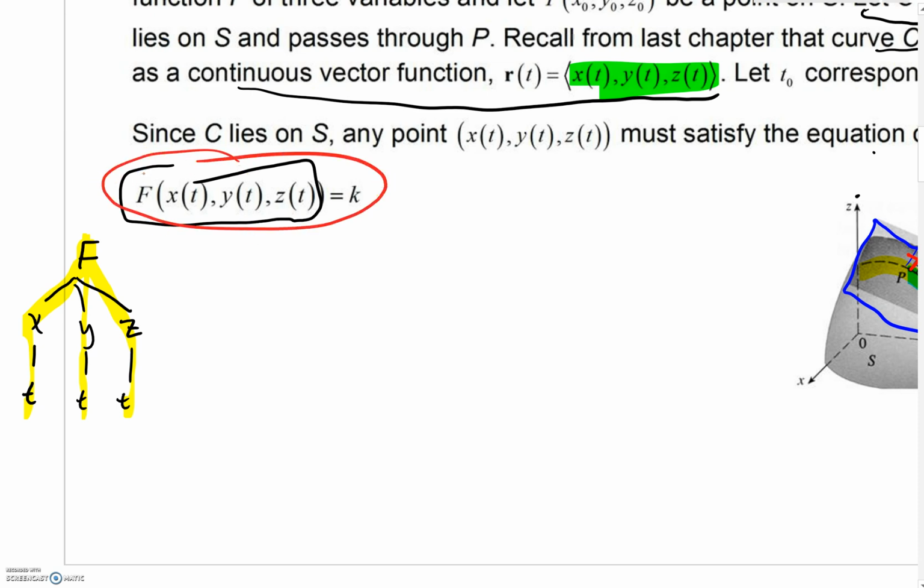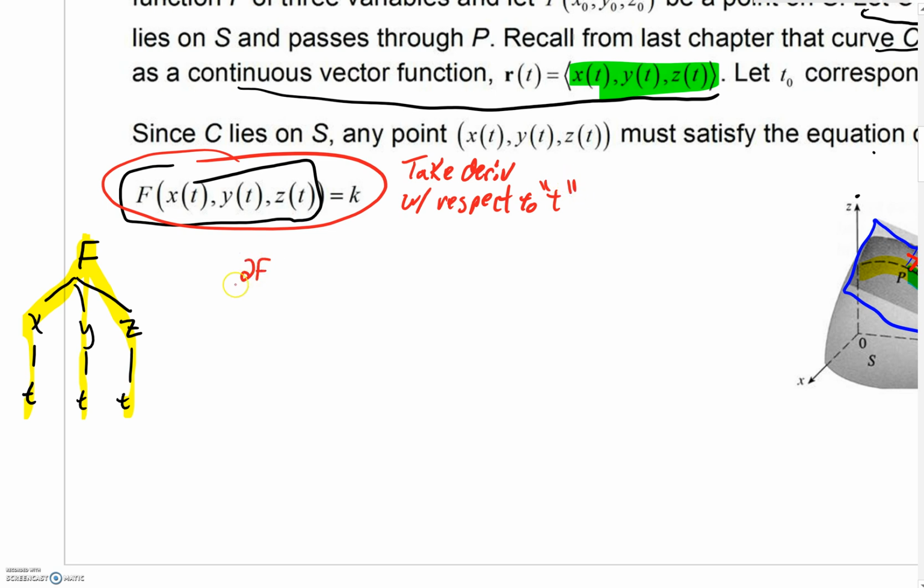So as we take our derivative with respect to t, and that's why I made that little tree diagram, you can see what's going to happen.